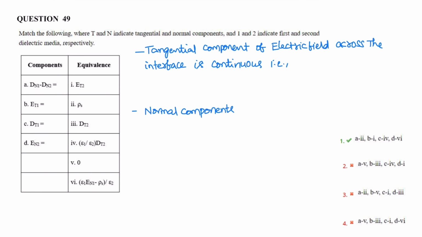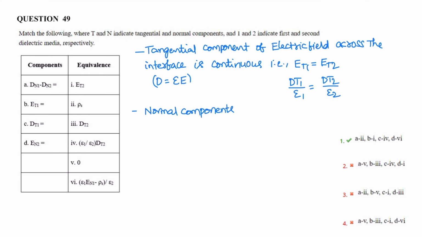Next, boundary conditions. The tangential component of electric field across the interface is continuous, that is Et1 is equal to Et2. We know that D is equal to epsilon E. So Dt1 by epsilon 1 is equal to Dt2 by epsilon 2.